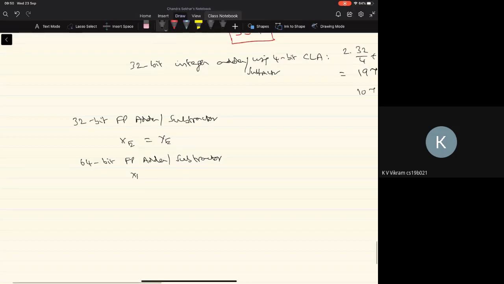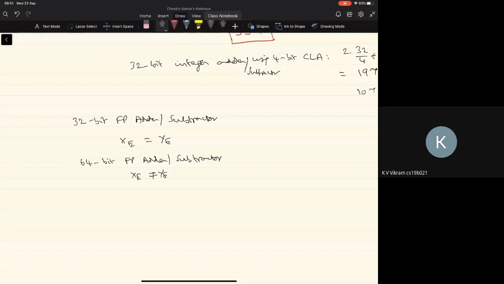Again, I want you to do it for the XE not equal to YE case. The circuit is going to be similar, only thing is the specifications of the modules in the circuit will be different. So take it as an exercise to come up with the specification of the different modules in the circuit for the case of the double precision floating point addition subtraction. And I will also leave it as an exercise for you to do the timing analysis.